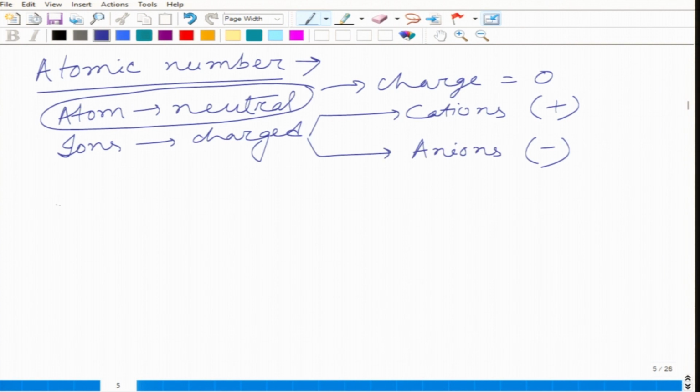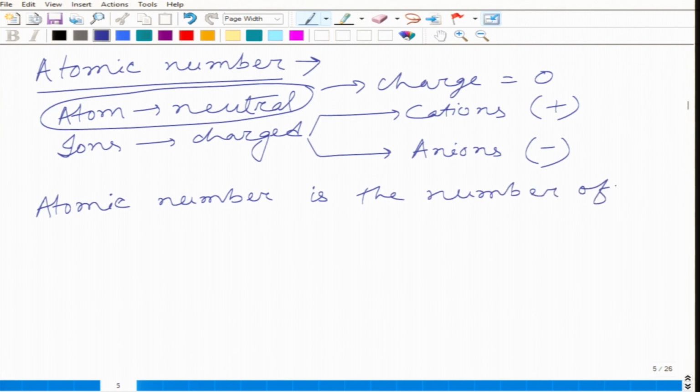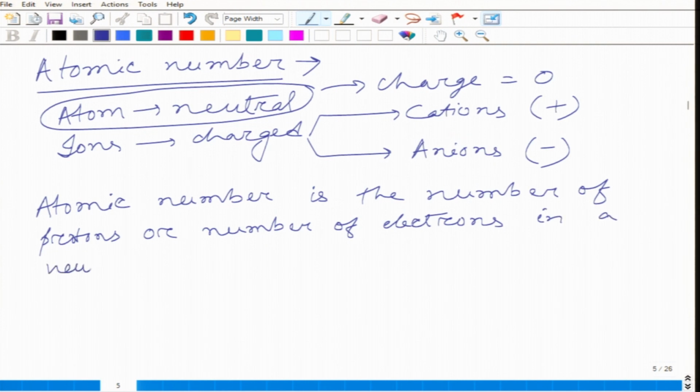So, what is atomic number? Atomic number is the number of protons or the number of electrons in a neutral atom.